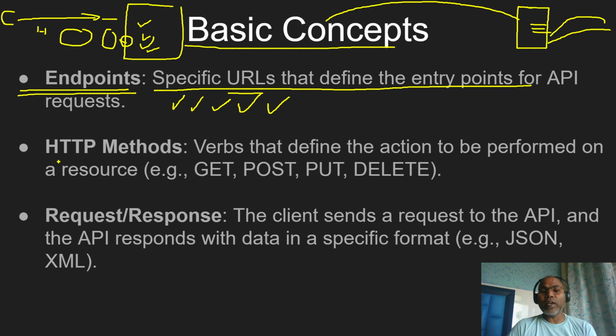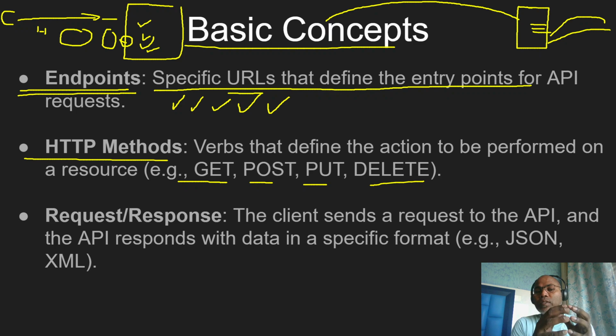And whenever we expose any endpoint, we have to mention what kind of action the user wants: a get request, post request, put request, or delete request. So the client must tell the server a specific HTTP method.